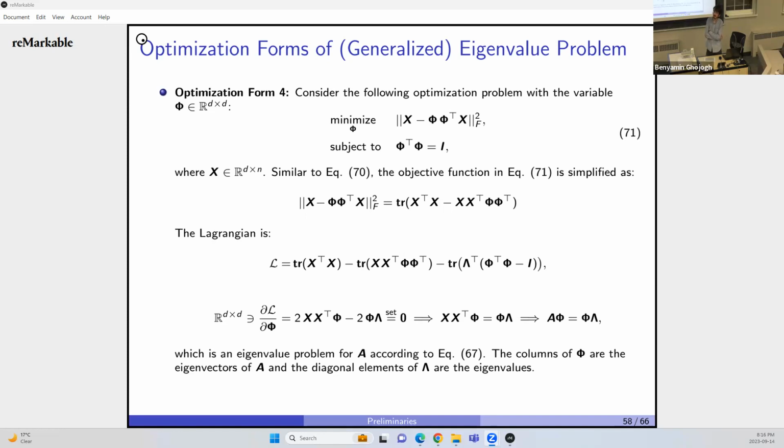We will see, for example, in different algorithms, this is just a general form, right? Then, for example, in a specific algorithm, I will tell you what we should put as X, what we should put as phi, right?